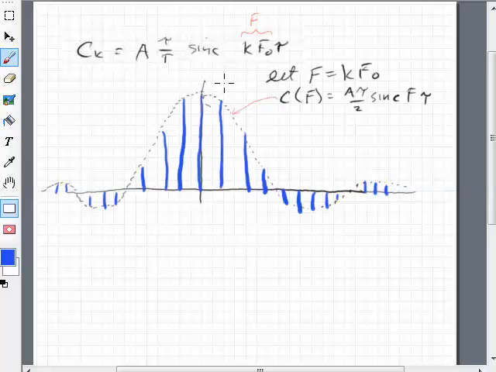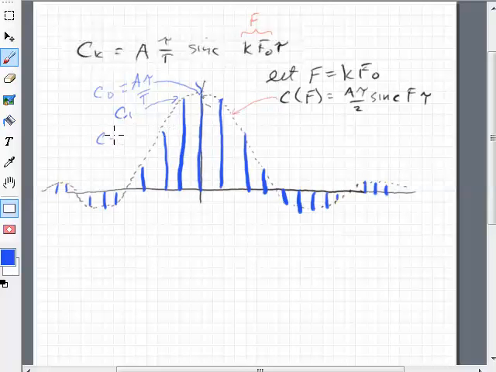Okay, so there's a tau over T. That's C0, right? And there's C1 right there. Well, actually, that's C minus 1. But because of even symmetry, that's the same as that guy over there.